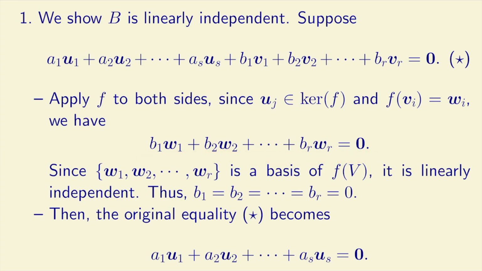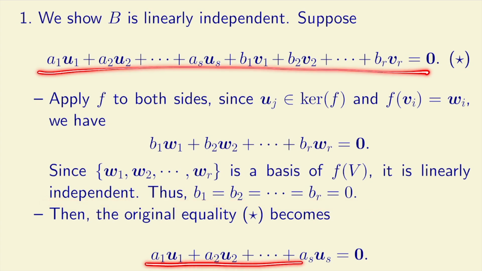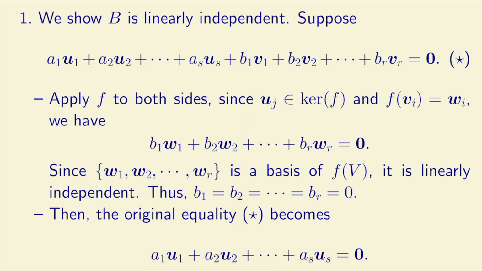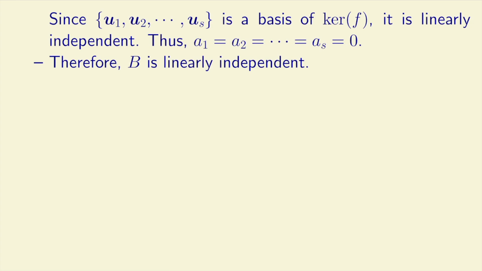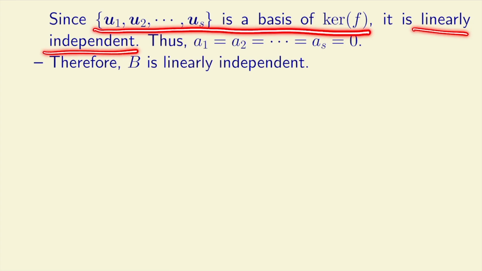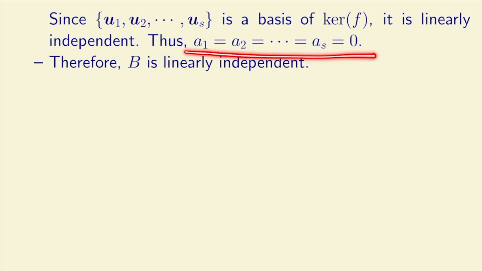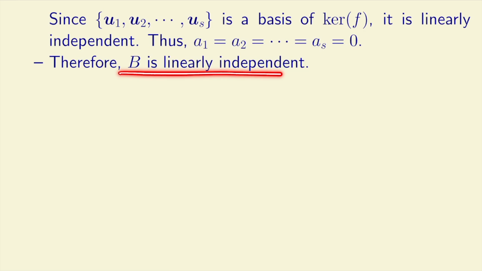And since the set w1 through wR is a basis for the image, it's linearly independent, so all the b's must be 0. Right. The notes say that the original equation simplifies to a1 u1 plus ... plus aS uS equals 0. Since the set u1 through uS is a basis for the kernel, it's also linearly independent. This means all the a's must be 0. So since all the a's and b's are 0, the set B is linearly independent.